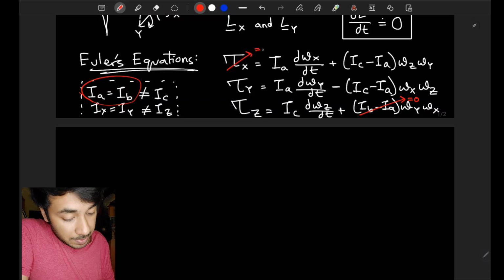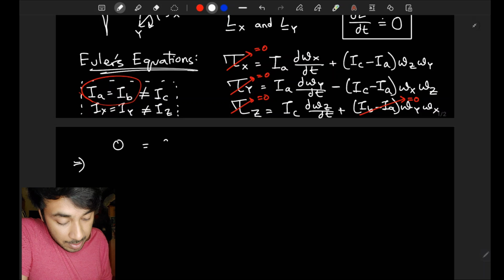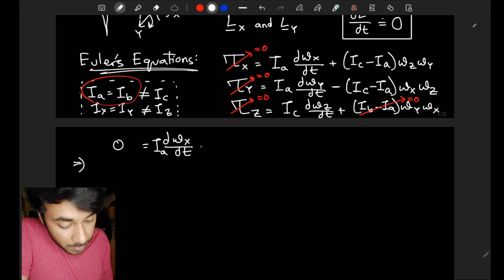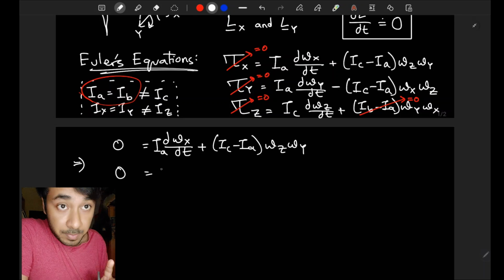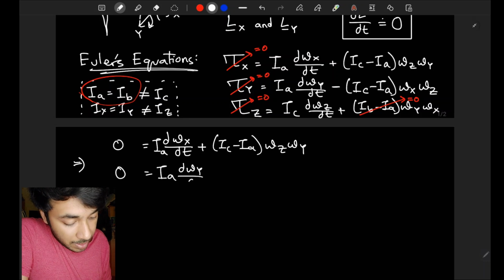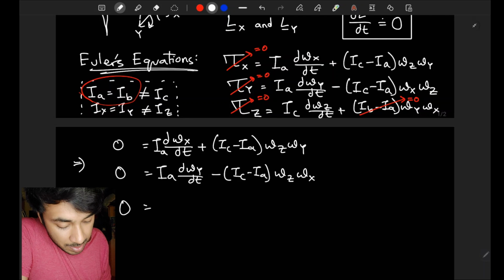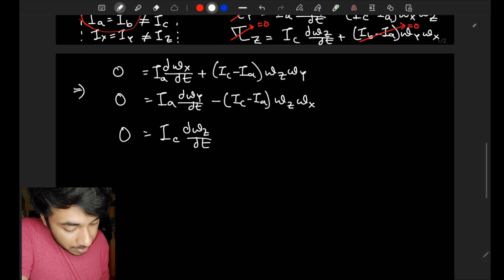Also the torques are all equal to 0 because we do not have any external torque, so the equations will look something like 0 is equal to IA d omega x dt plus IC minus IA omega z omega y, and then you have 0 is equal to IA d omega y dt minus IC minus IA omega z omega x. And then you have 0. Since this is already 0, we have IC d omega z dt.